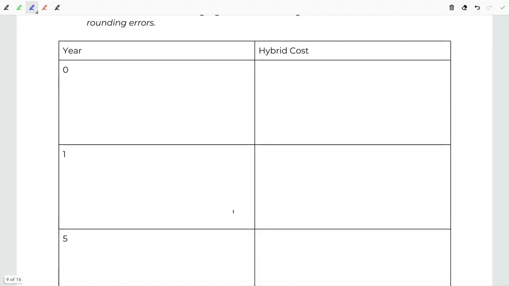So finally, we're going to fill out this chart of how much we're spending per year on electricity. So on this hybrid system, in year 0, before we've started drawing any electricity from our solar panels or our grid, but after we've installed our solar panels, we have spent $8,000 because we installed the solar panels.